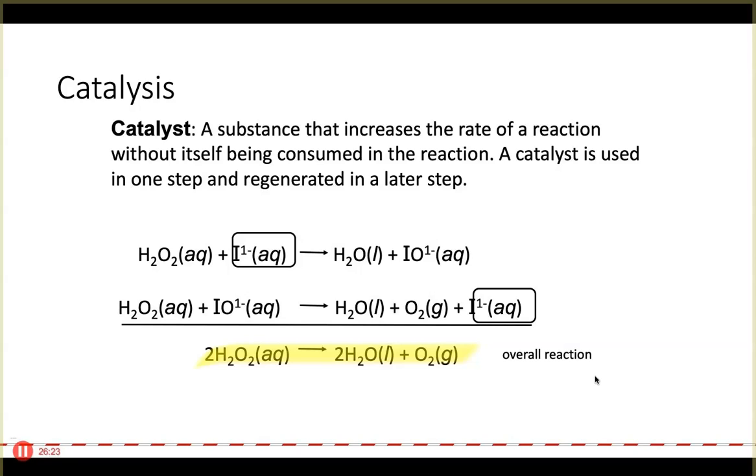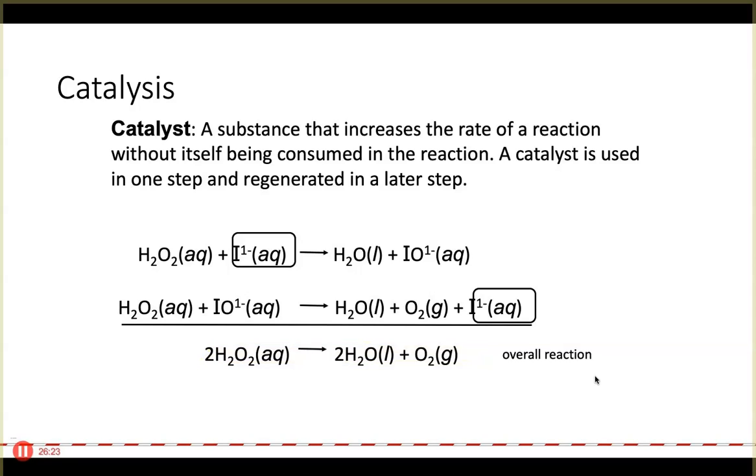However, in real life, what is actually happening is a stepwise process. Or sorry, let me correct myself. If hydrogen peroxide is allowed to just sit on its own, this reaction does happen by itself in a single step. It's just very slow.